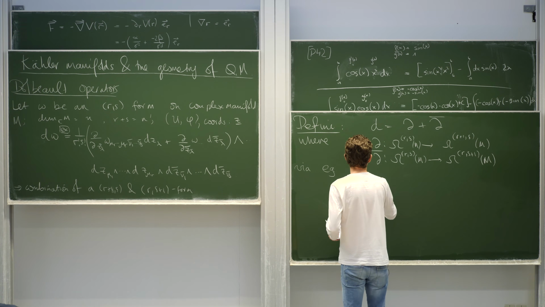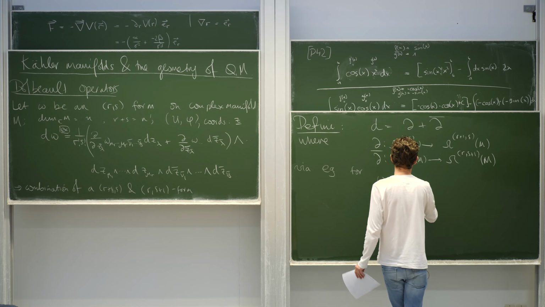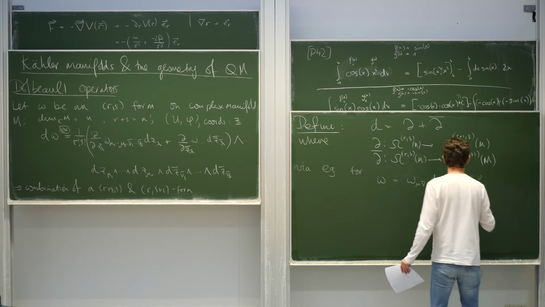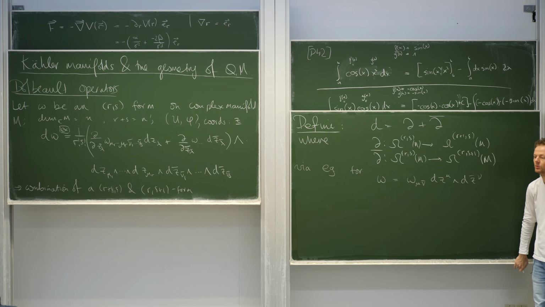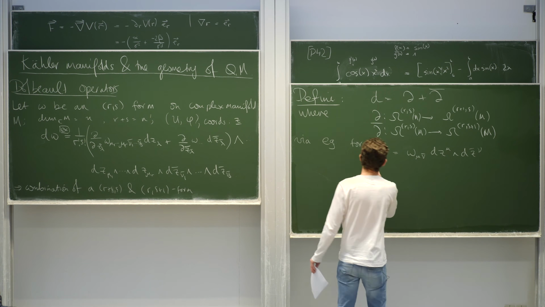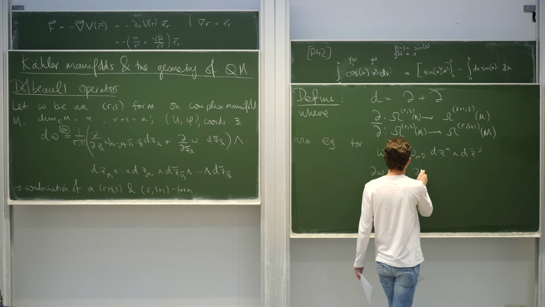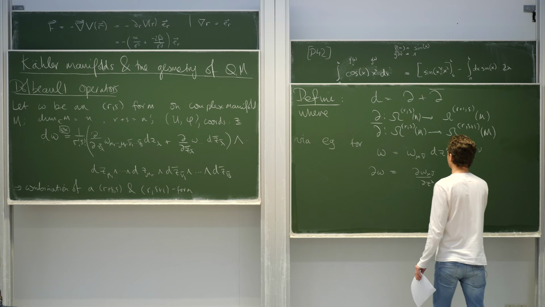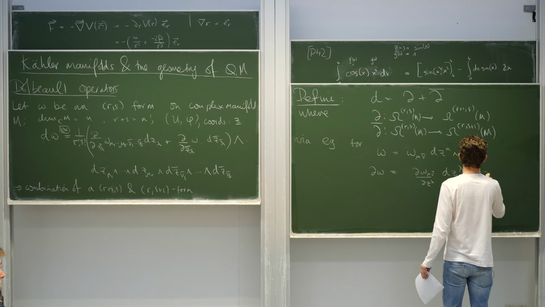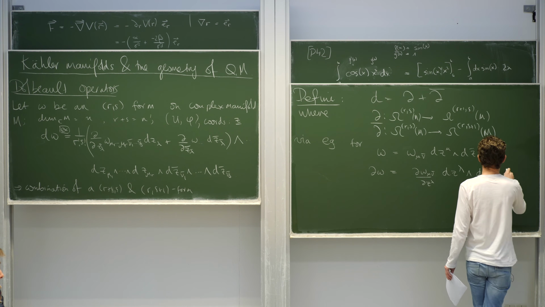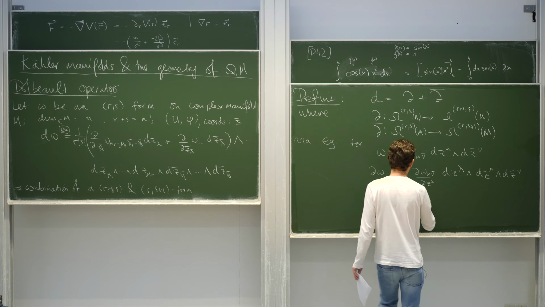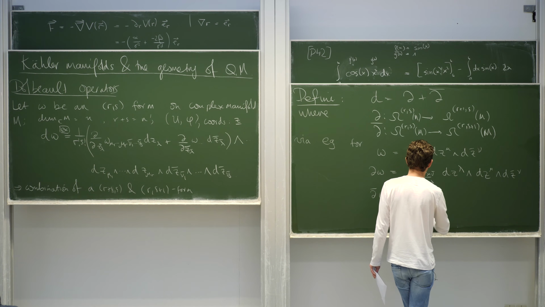So if in components we have a 2-form, for example a 1,1 form, then we do define delta to be this operator, and delta bar to be the other component.